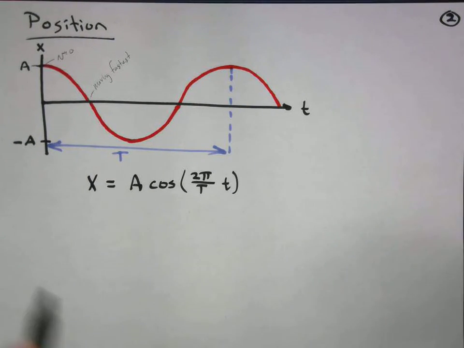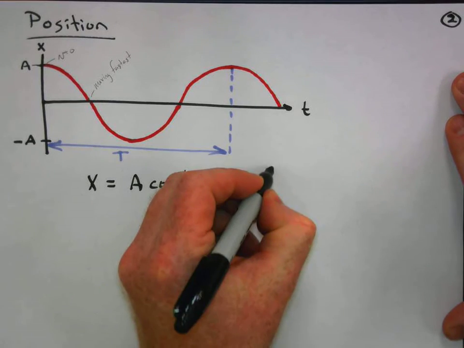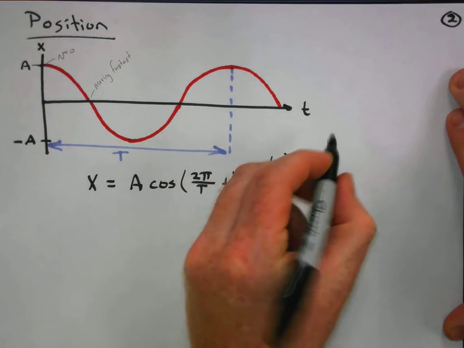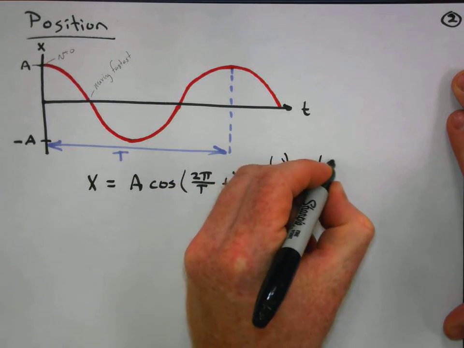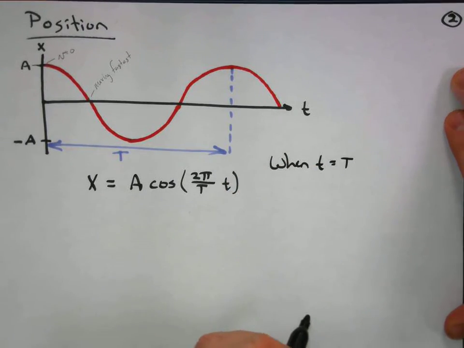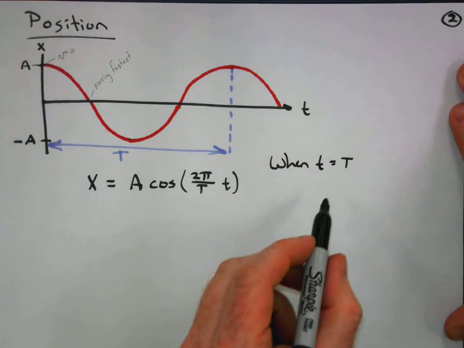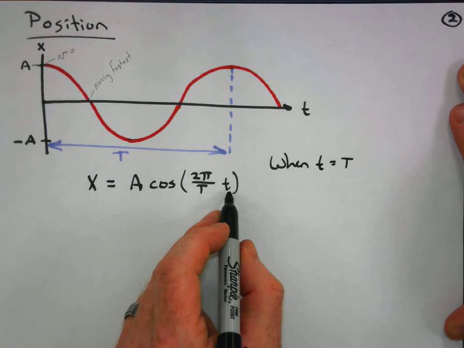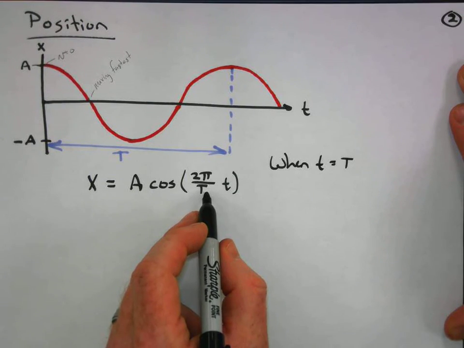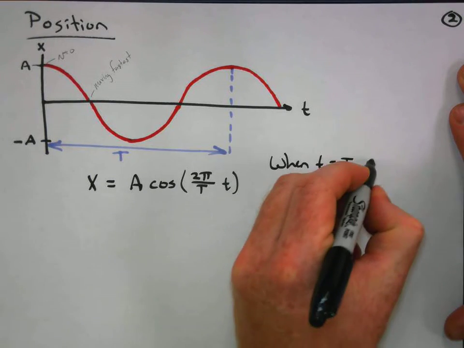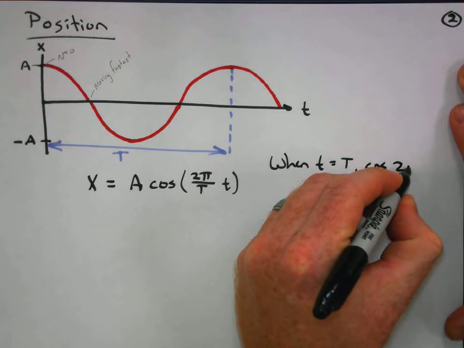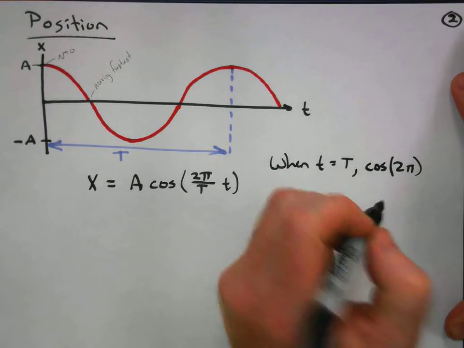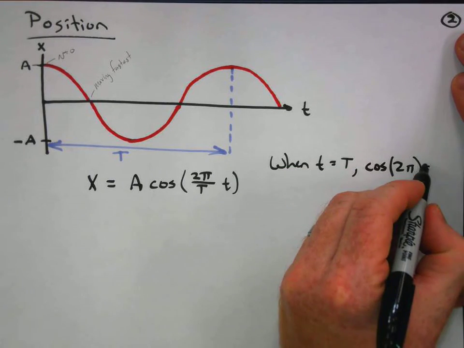Okay, so what is this going to mean for us? Check this out. When the time equals capital T, the period, well, what does this sort of turn into? When t equals capital T, it looks like they're going to cancel out, and we're going to be taking the cosine of 2 pi. Well, the cosine of 2 pi is just 1.